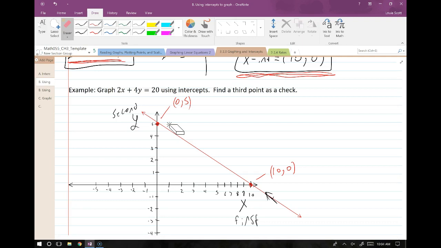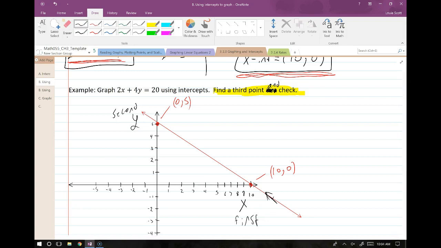So now maybe we should just go ahead and find another point on this graph and check to see if this is valid, right? That's what we mean by this last line. Find a third point, and this should say and check. Okay, so we find a third point and we check.